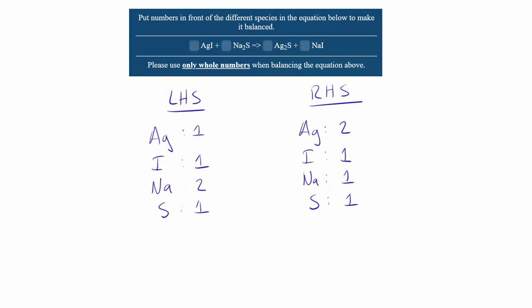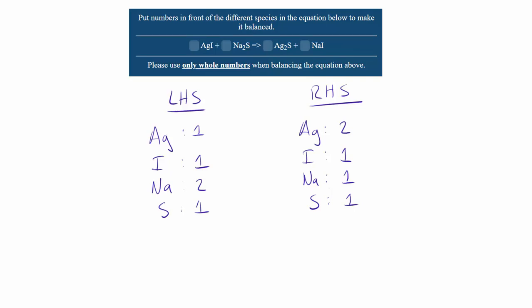What I'm going to focus on first is silver, which, as you can see, occurs in two places. It occurs in the species AgI on the left hand side, and in the species Ag₂S on the right hand side.